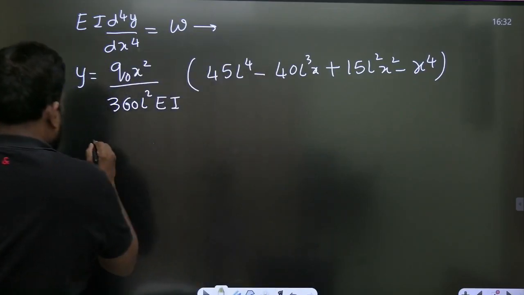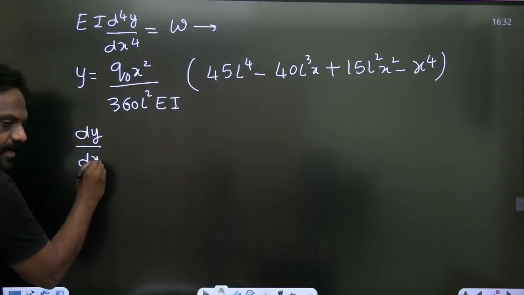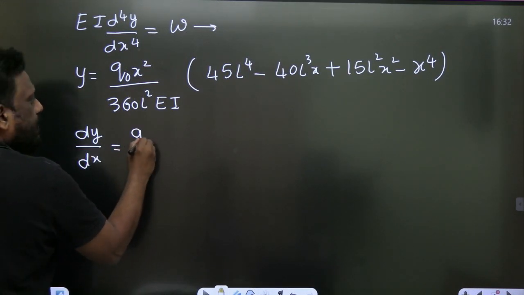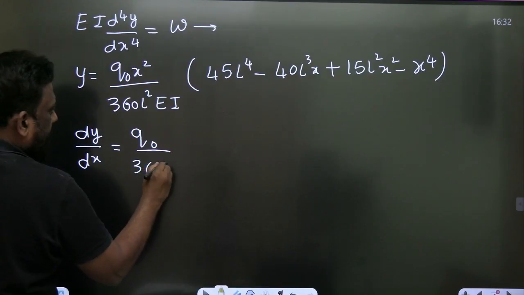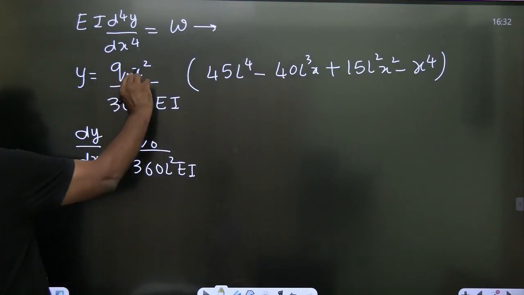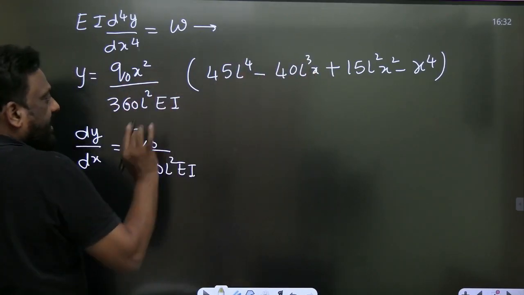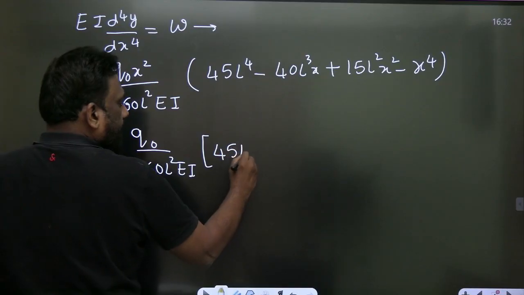Chalo, let us differentiate this. So dy by dx is equal to, if I differentiate, what do I get? Q0 by 360 L square EI. Okay, sirs. Now let us take L square inside. So this will be 45 L power 4.